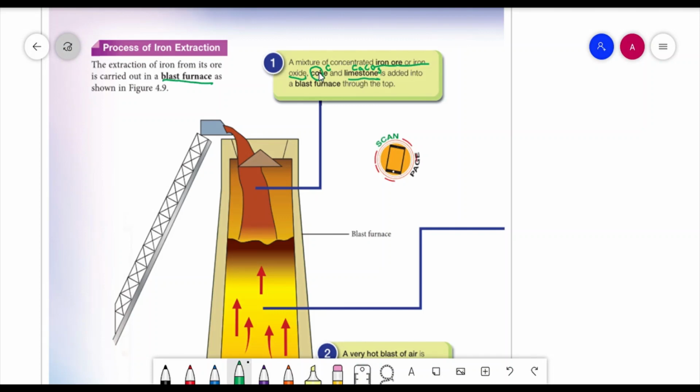So this all iron oxide, coke and limestone in the form of calcium carbonate. This all is in solid. We put it from the top. Okay.